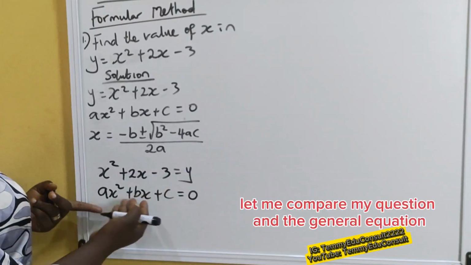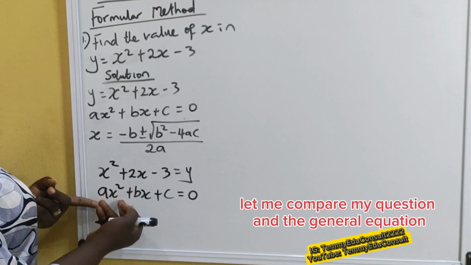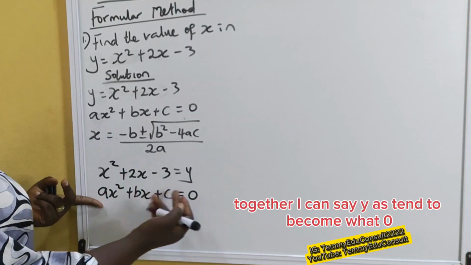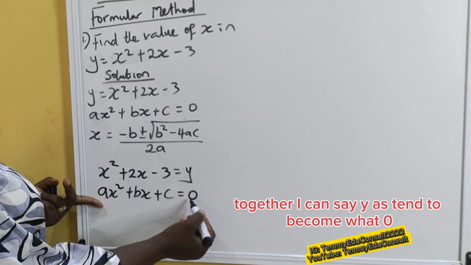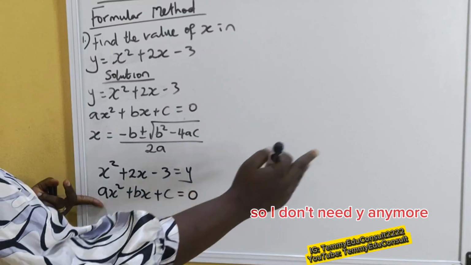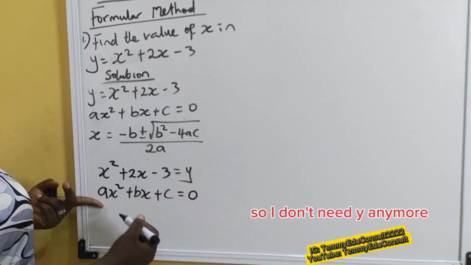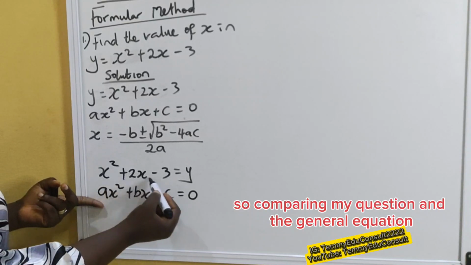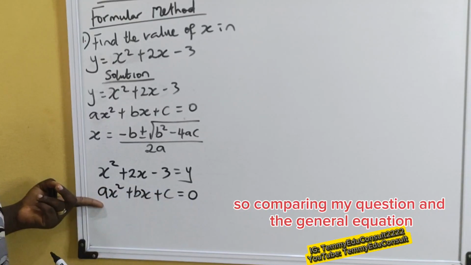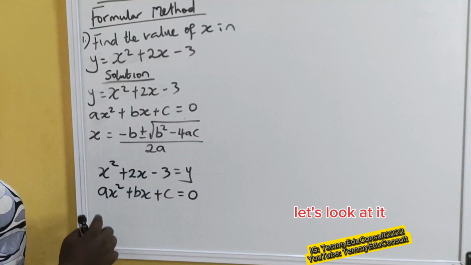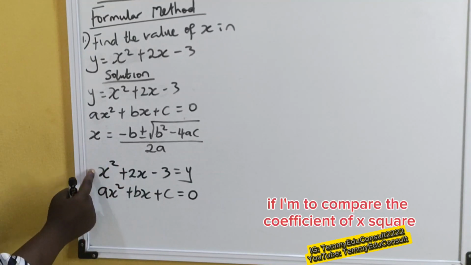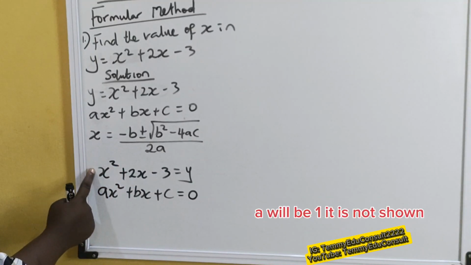Looking at this, let me compare my question and the general equation together. I can say y has to become what? 0. So I don't need y anymore. So comparing my question and the general equation, the coefficient of x squared here will be 1.